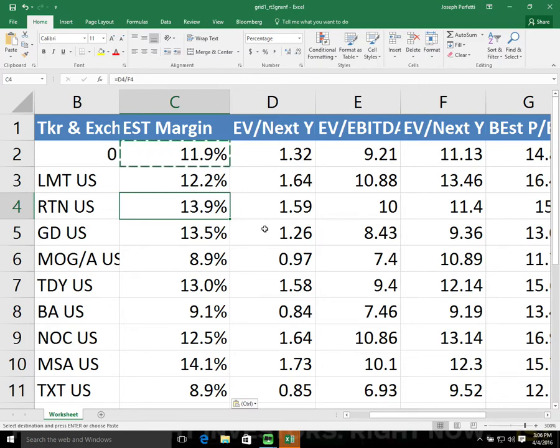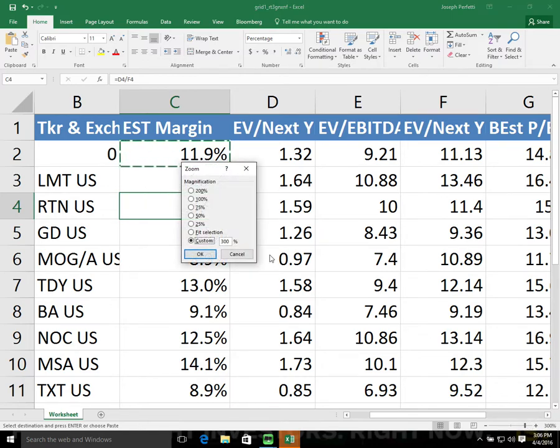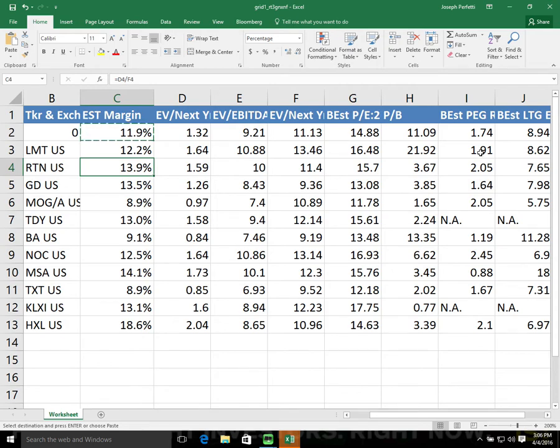Well, what I can see very quickly, again, I'll make this a little bit smaller, is that for very similar spreads, even though Raytheon's spread is probably a little bit higher, it's trading at lower multiples because Lockheed Martin is expected to grow that positive spread a little bit faster. So Raytheon and Lockheed Martin have similar spreads, a little bit higher at Raytheon because they have better margins. But Lockheed Martin's growing faster.